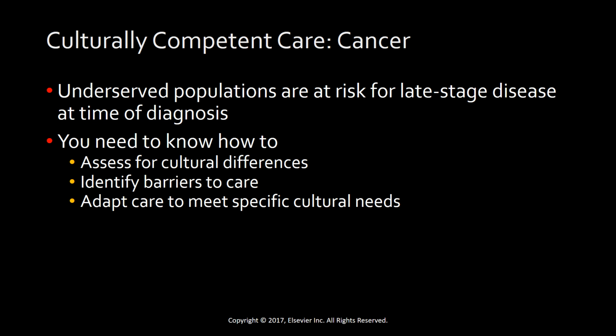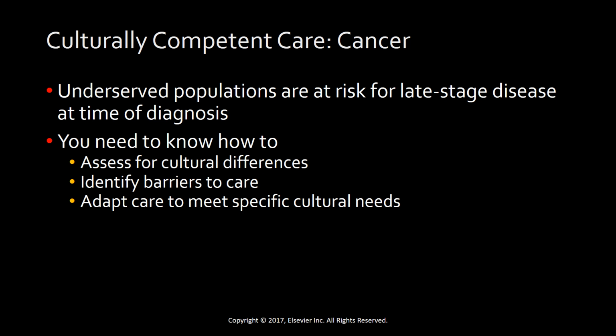So culturally competent care for cancer. So we have a lot of underserved populations that are at risk for late stage disease at time of diagnosis. So we have to, as the nurses, collect information, provide the support and advocacy that the patient may need, and we must look at the patient as a whole person, not just the cancer disease process, as well as we have to look at the variables that may affect that patient.